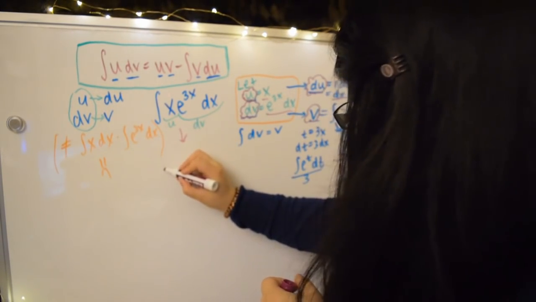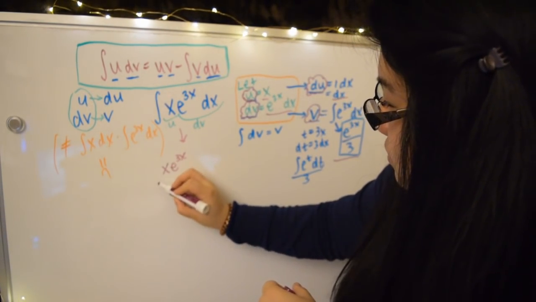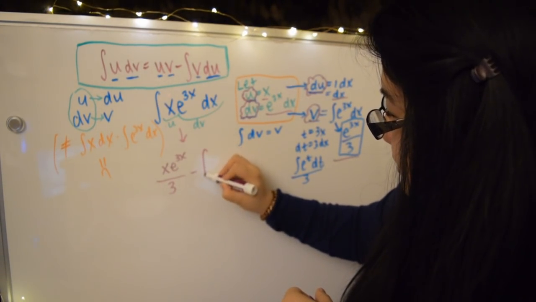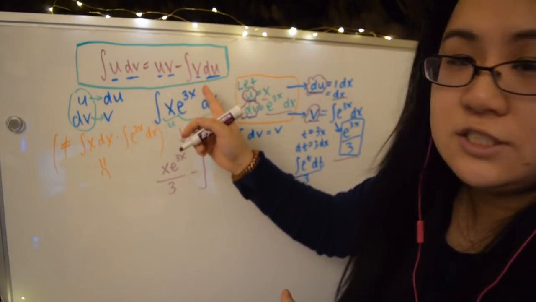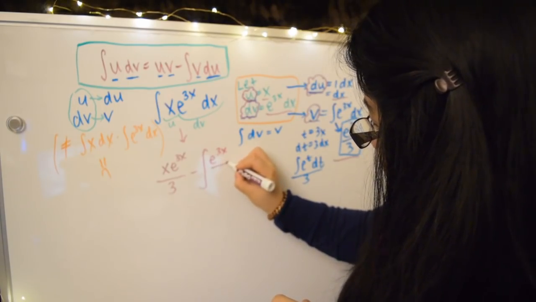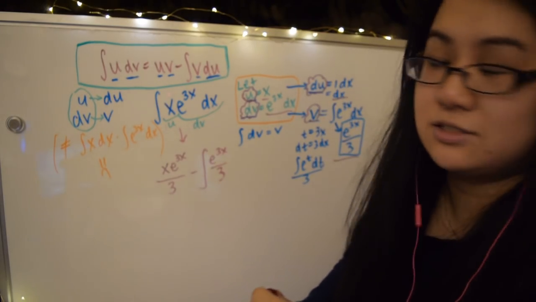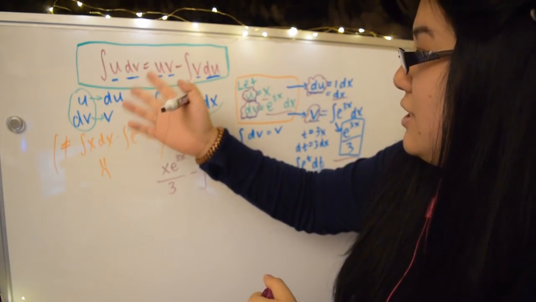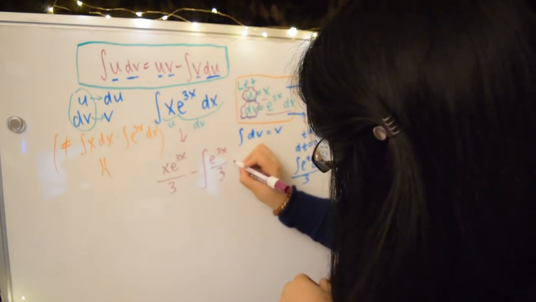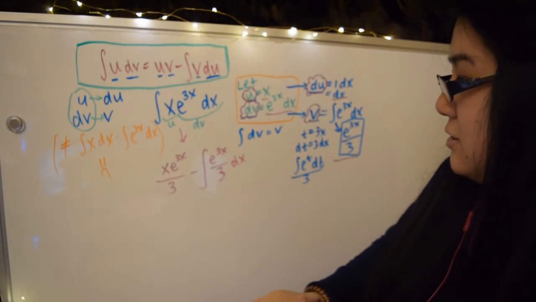So I get x e to the 3x over 3, that's my uv, minus the integral of v, which we already had, e to the 3x over 3, du. du is dx because we chose u to be x, which is so nice because now du is just dx.